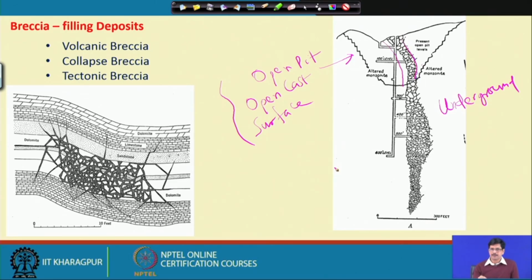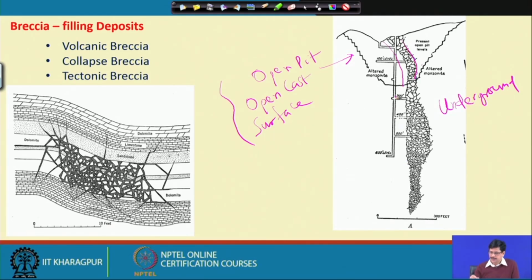So this clearly justifies what we initially started the topic with, the importance of understanding the morphology, or working out the morphology of the ore body, which not only gives an idea about the process by which the ore body originated, but also important clues and guidelines by which the exploitation of the ore body could be taken up.